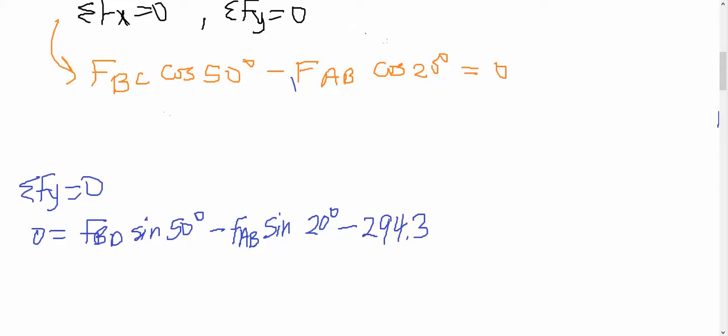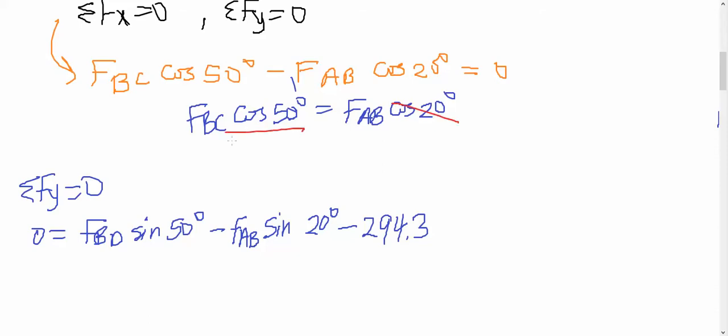So here, moving FAB to the right side, we have FBC cosine 50 equals FAB cosine 20 degrees, and dividing both sides by cosine 20, we have FBC cosine 50 over cosine 20 equals FAB.